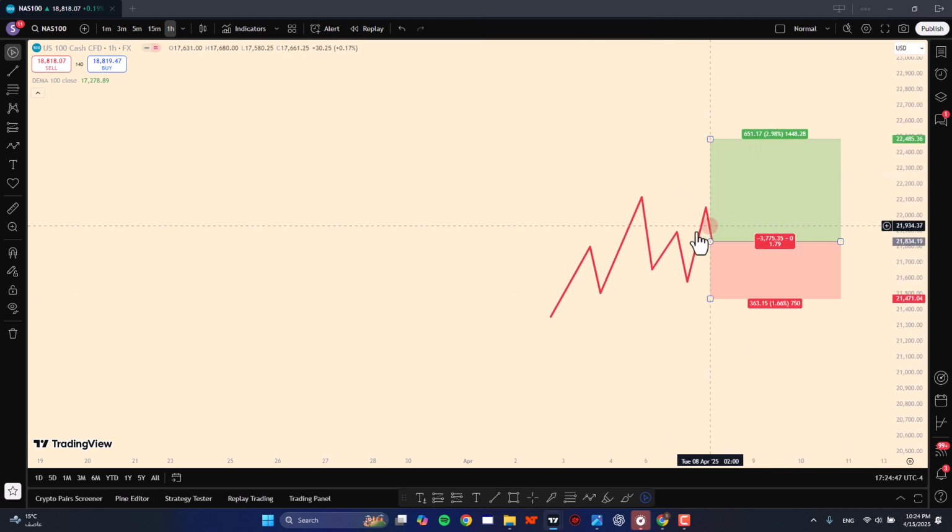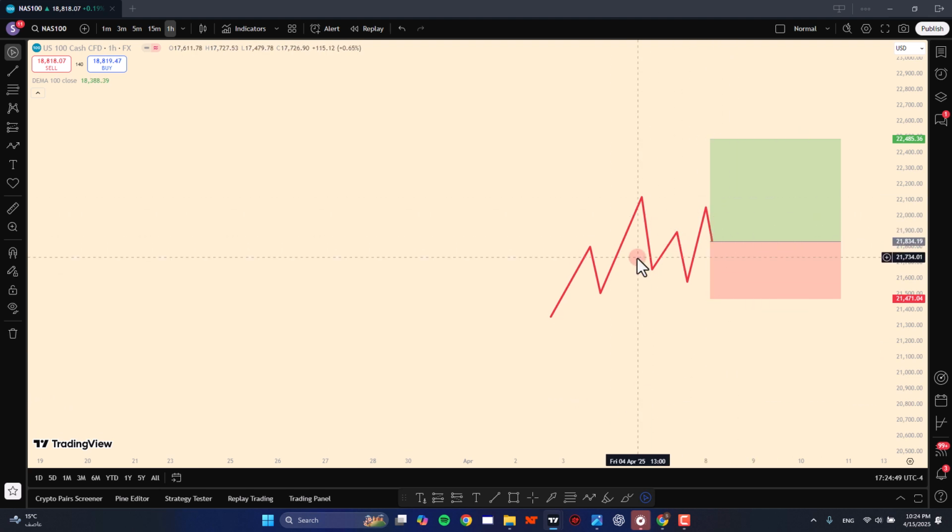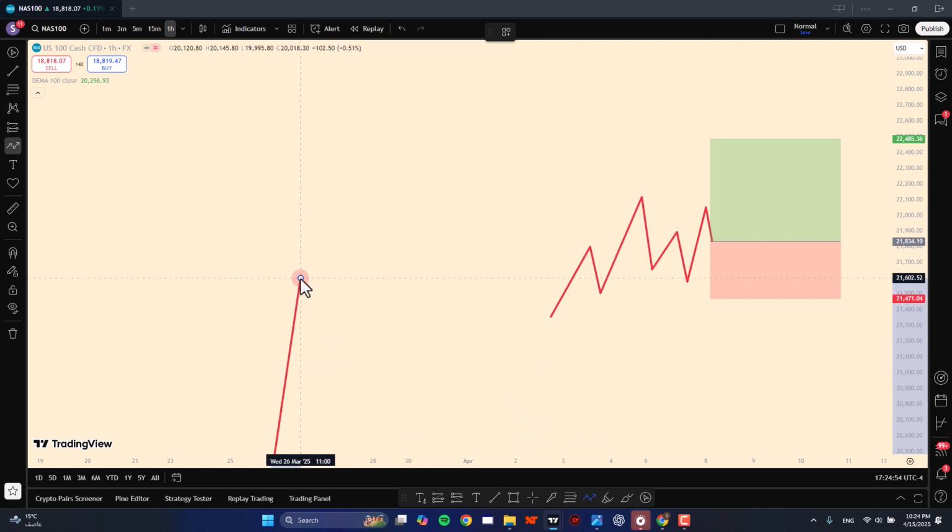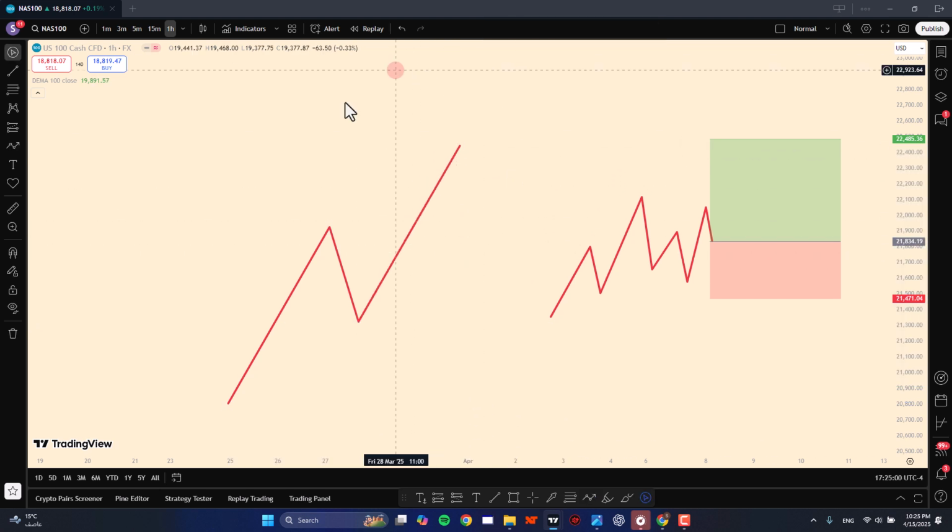This is my lower time frame, and my intermediate time frame is going to be something like this, trending to the upside, right? So before I take the trade, I go to the 1 hour and see if price or the higher time frame aligns.